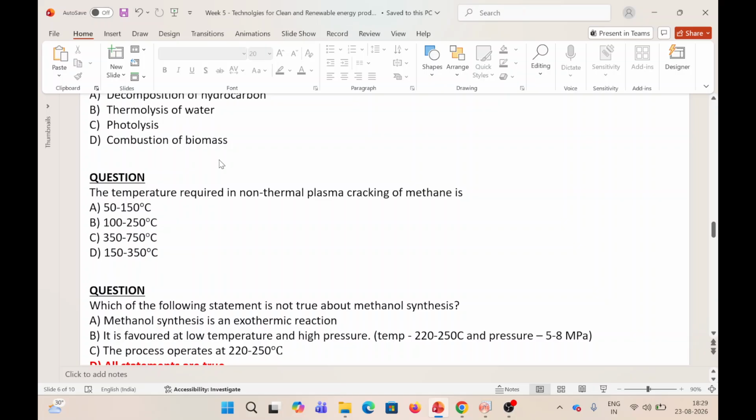Now come to the second question. The temperature required in non-thermal plasma cracking of methane. Basically the cracking of methane is done to produce hydrogen gas.